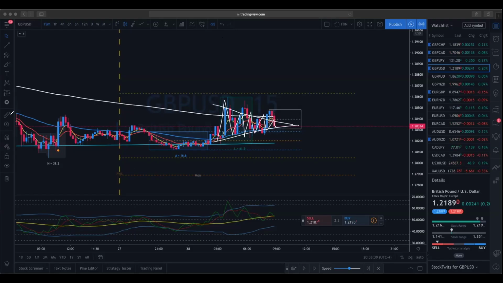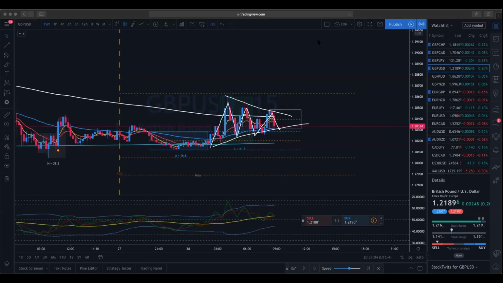So this is essentially those wedge patterns that they talk about in the books. How many times do you see these wedge patterns? All the time, yes?